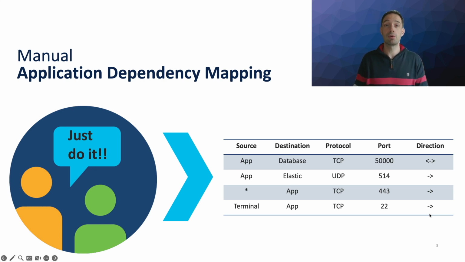However, this manual approach has many drawbacks, and the most prominent is that it costs a lot of time. Secondly, it's not very precise, and thirdly, it becomes out of date very soon. That means once it's out of date, you need to do it again, right?